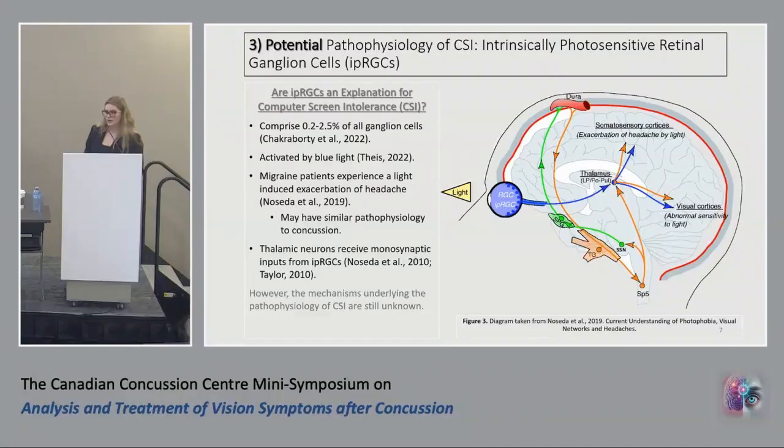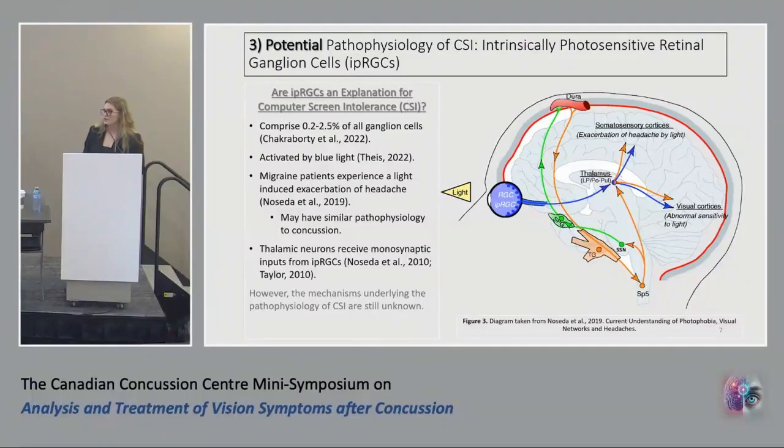If you look at the diagram on the screen, this was taken from Noseda et al. 2019, and they looked at migraine patients who have light-induced headache. And so they have hypothesized that the ipRGCs within the retina have monosynaptic inputs that are projecting directly to the thalamus. The thalamus is the region of the brain that's responsible for processing pain information.